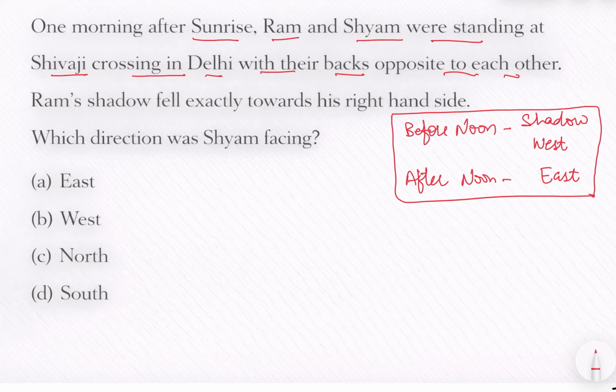If the person is facing north, the shadow will fall on the west, which is on your left side, and east we have on the right side.